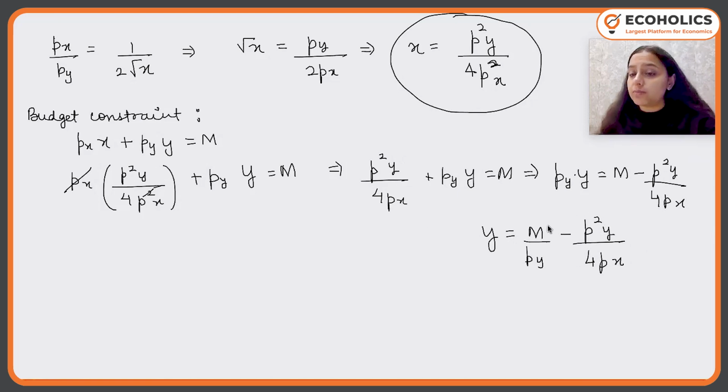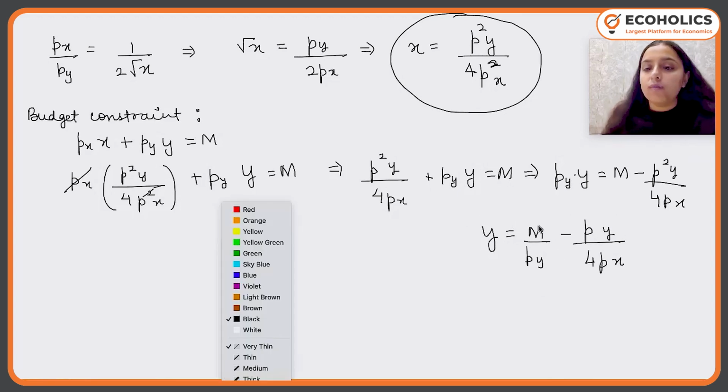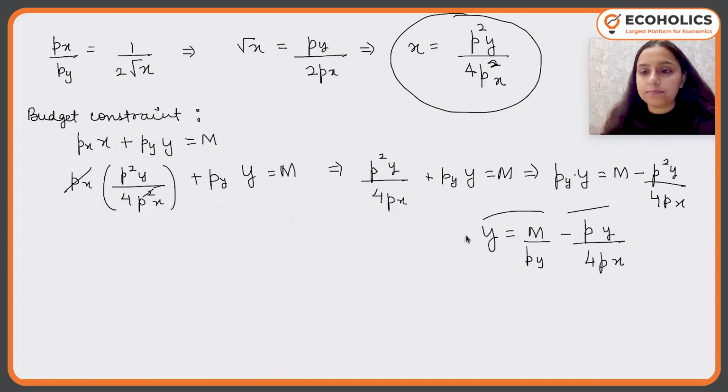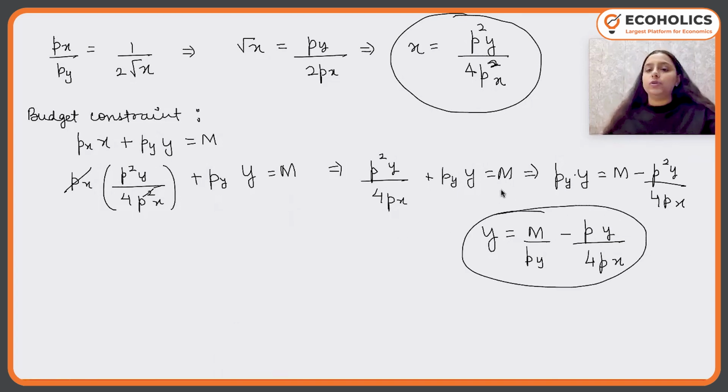Now Py, if it comes here and divides, it will cancel the square power. So I have brought Py in the denominator of this term. So M by Py. Likewise, Py square will get divided with Py, and I am going to be left with only Py over here. Okay, now this is the value of your y. Have a look here now.